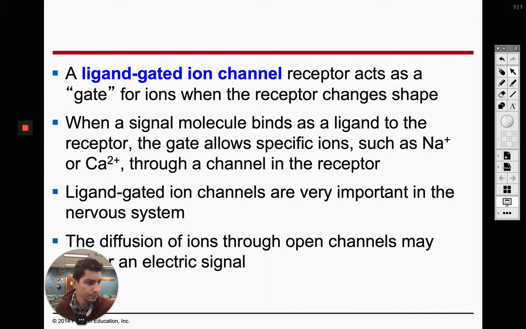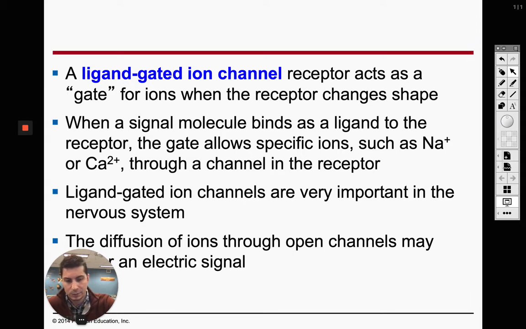The other one is going to be a ligand-gated ion channel. Same overall goal. The overall goal is to get some type of response, okay? So what this one's going to do is we are going to use ions, and they're going to be able to pass through, but in order to pass through, we have to use a ligand, some type of signaling molecule.